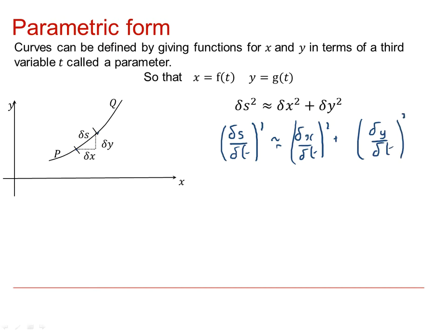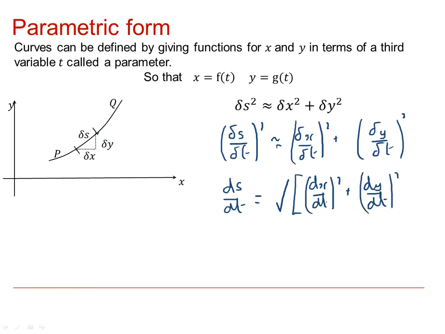And then in the limit, these delta s by delta t will become derivatives, ds by dt, etc. So as delta t approaches 0, we have the limiting case, so we can say that ds by dt is going to be equal to the square root of dx by dt all squared plus dy by dt all squared.